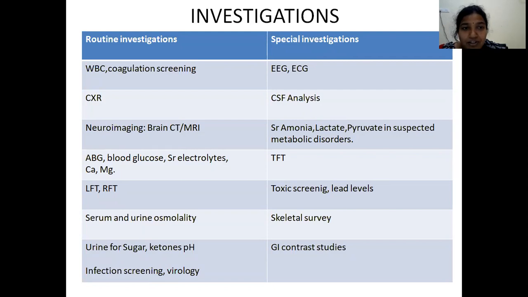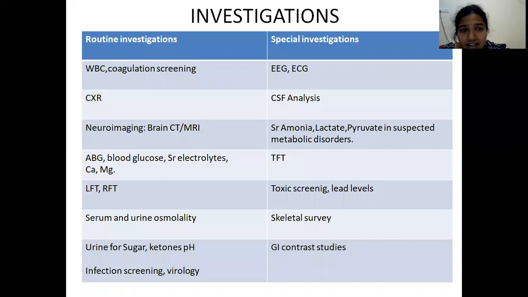Okay, so under routine investigations, WBC and coagulation screening, along with a chest X-ray if there is any pathology of the chest, or if the parents complain of respiratory tract involvement, and neuroimaging, that is CT brain and MRI. After that, ABG, blood glucose, serum electrolytes including calcium and magnesium, and LFT and RFT should be done.